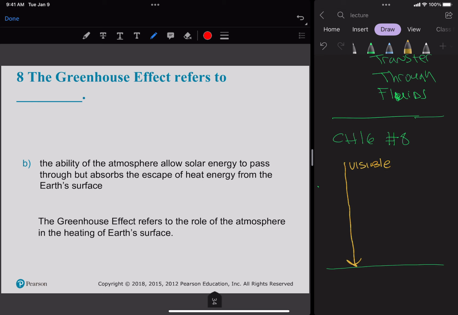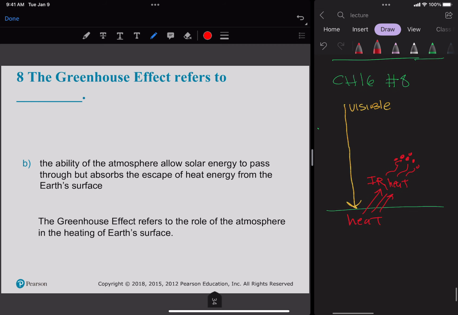And once the visible light reaches the Earth's surface, it heats up, and the hot surface releases infrared radiation, which I'll just call IR, infrared, or basically just heat. And that heat is trapped by greenhouse gases.